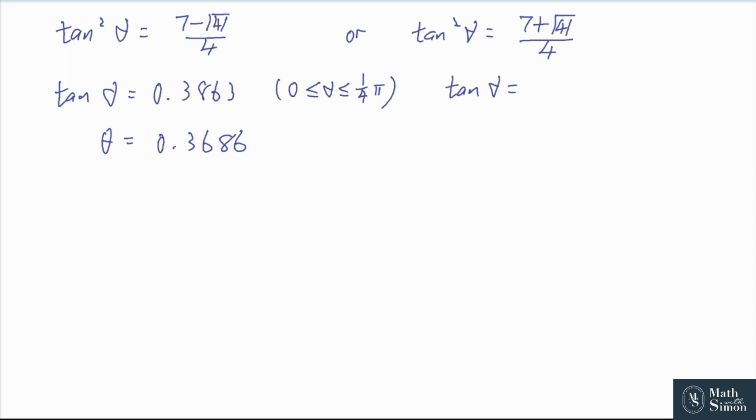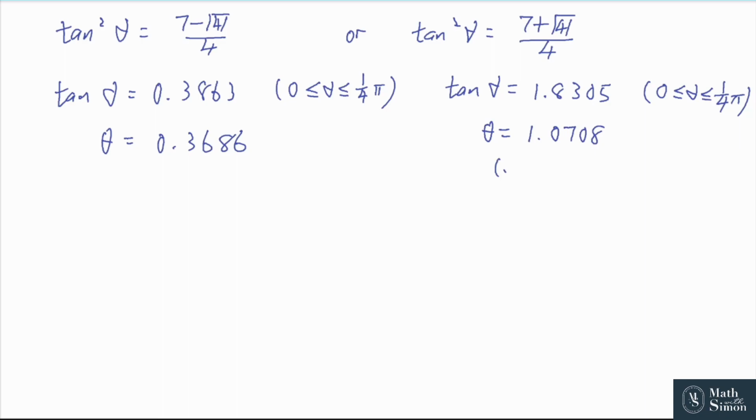So we have got tangent theta here, which is 1.8305. Again, we only want to take the positive because theta is from 0 to 1 over 4 pi. So when we try to solve for theta here, we get 1.0708.